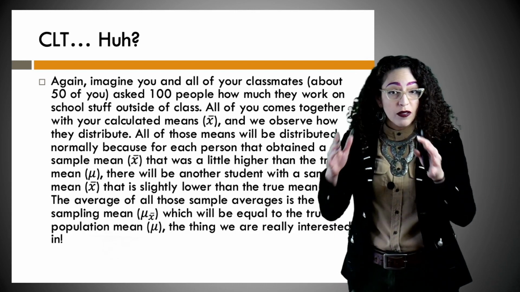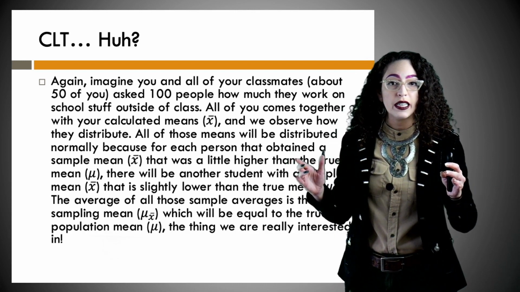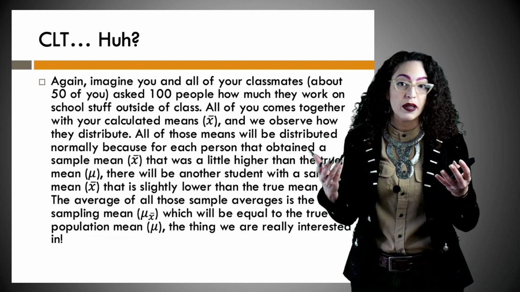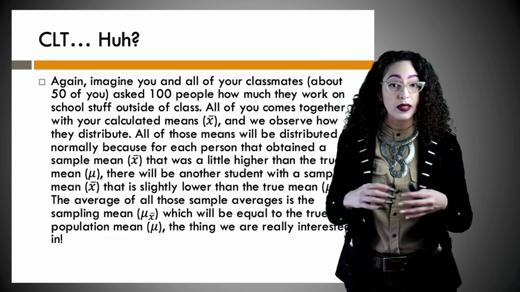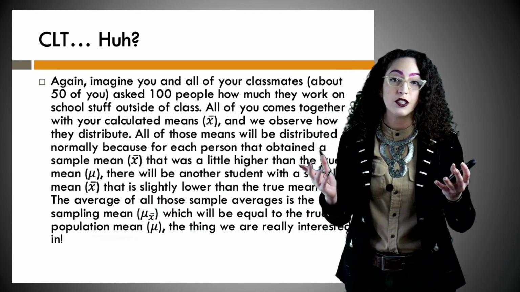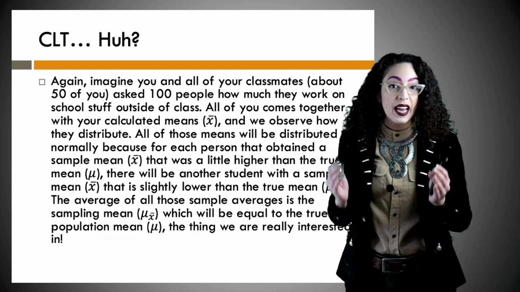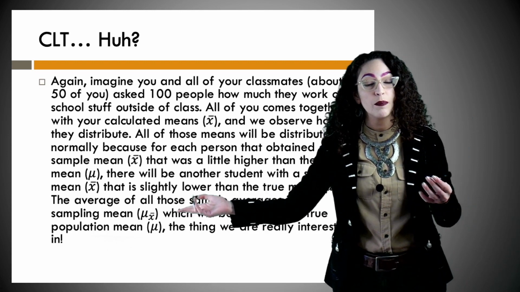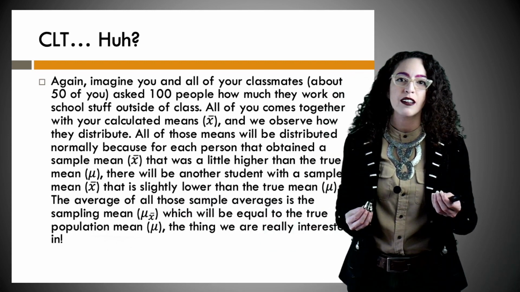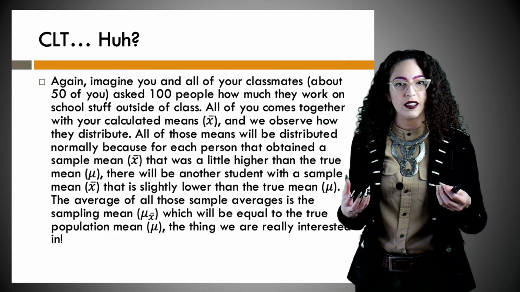Now the average of all those averages is known as that mu sub X bar, this one right here. Remember, with enough samples that each of you went out and took that were big enough, that average of the averages will equal the truth, the population mean, and that's the thing we care about. That's the thing that we're trying to figure out.